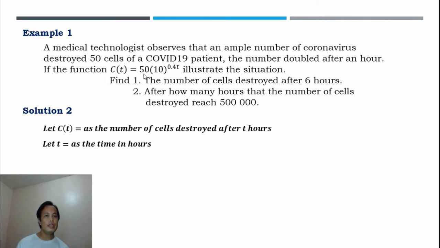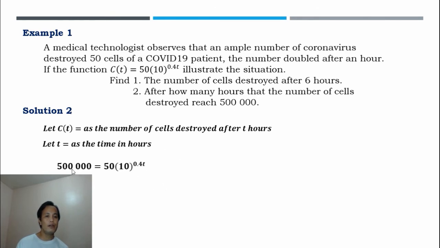So this time we are given C of t. In problem number 1, we were given t and solved for the number of cells destroyed after several hours. This time, we are to solve for the time, and we are given the number of cells destroyed. So, to solve, we need to substitute 500,000 for C of t.